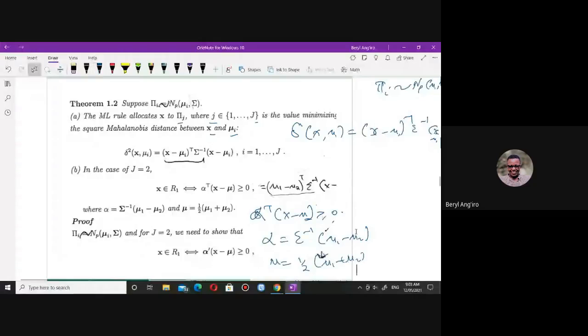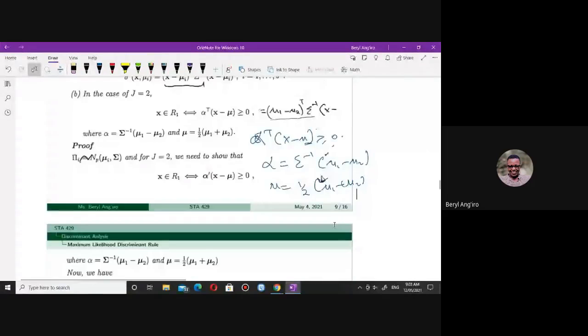So to prove this, we want to prove that when you want to classify in population 1, that is when J is 2, we only have two populations, then we have (mu1 minus mu2) transpose Sigma inverse (x minus a half (mu1 plus mu2)).